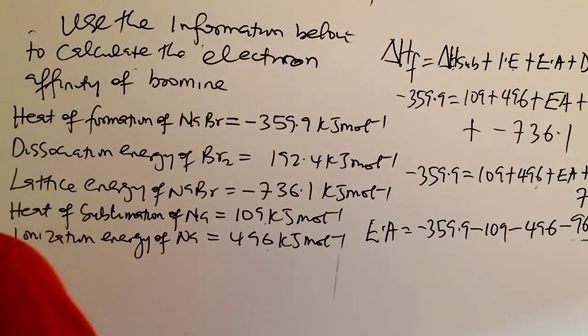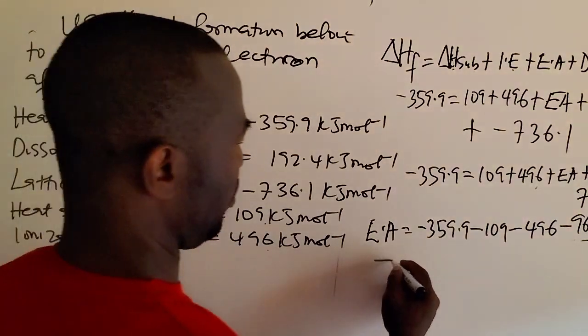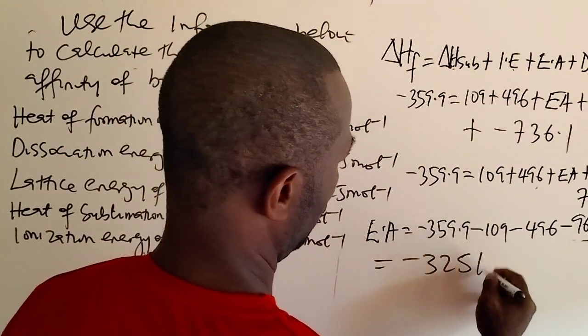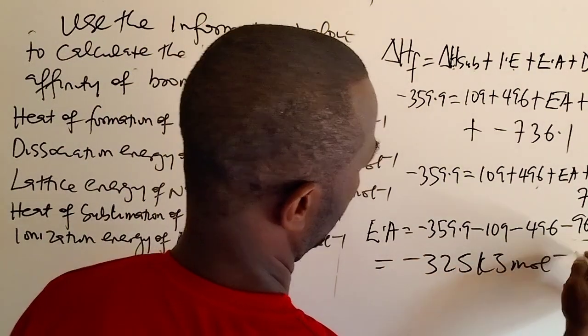So when we solve all this, the electron affinity of the substance will now become minus 325 kilojoule per mole.